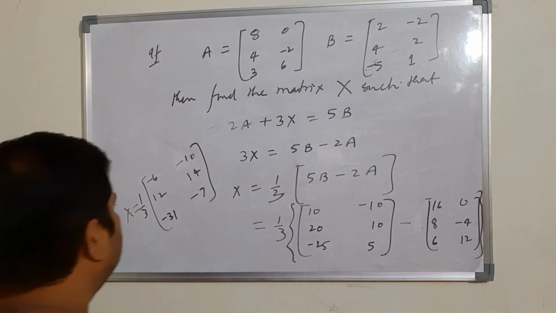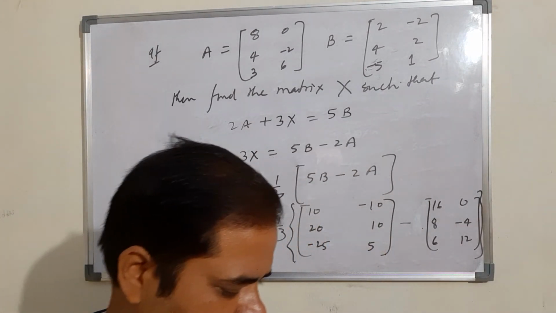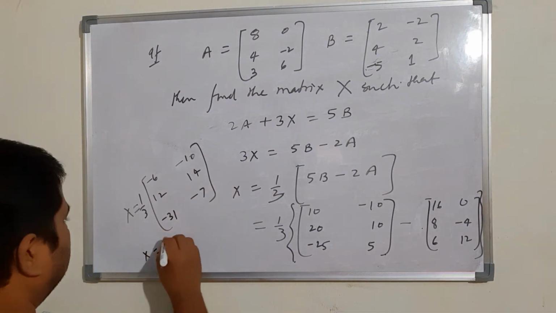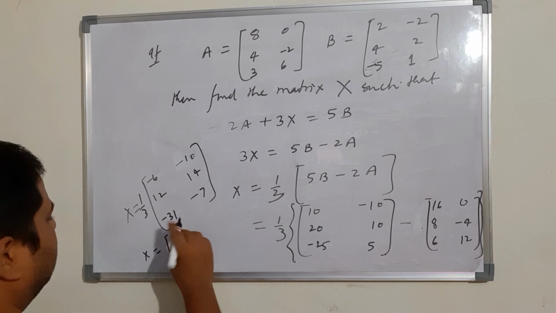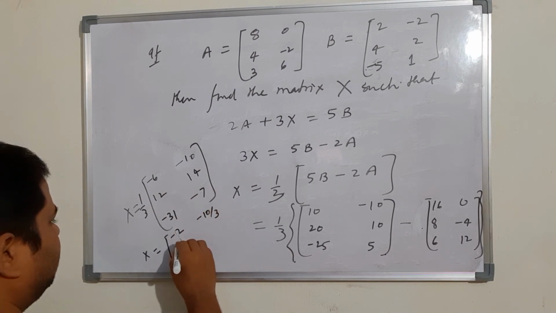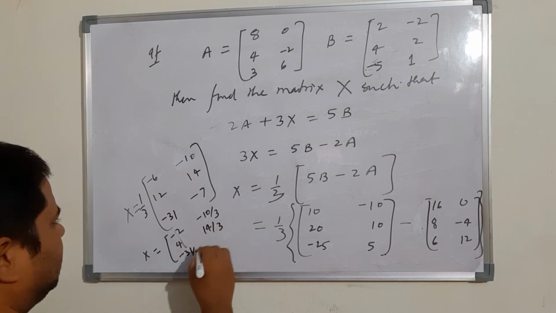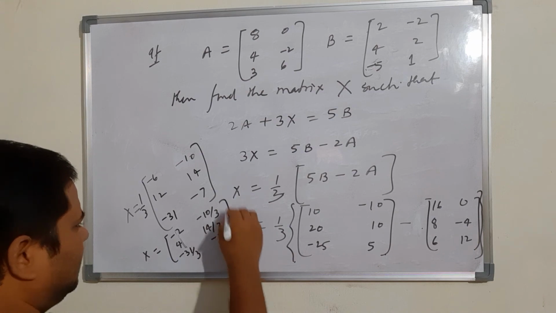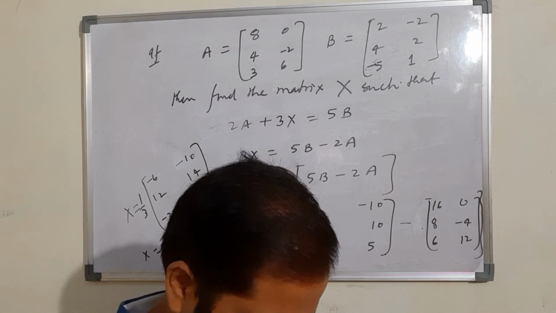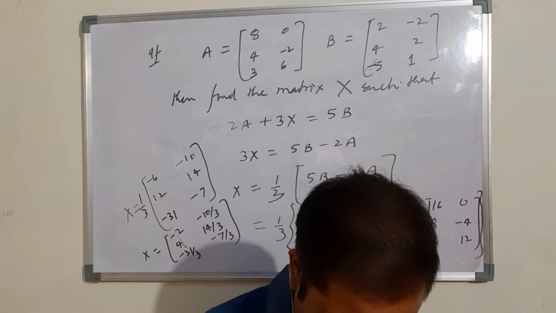So this is the matrix X. X is equal to minus 3, minus 2, minus 10 by 3, 4, 14 by 3, minus 31 by 3, minus 7 by 3. So this is the matrix X.